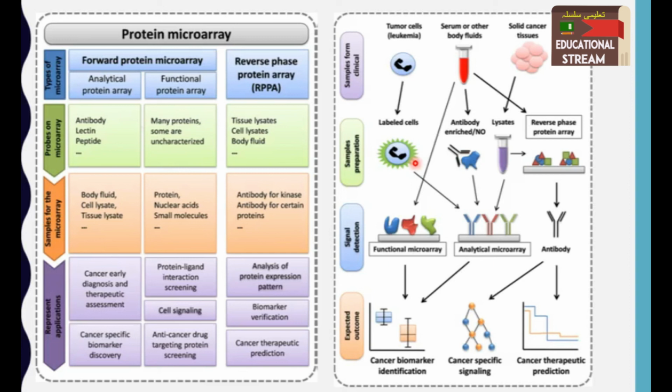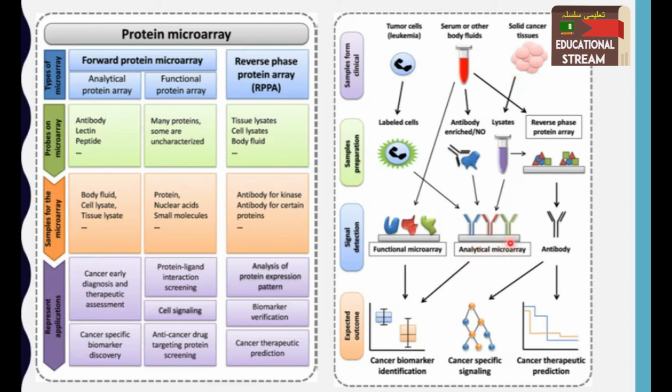So this is the distinctive procedure and representative applications of the protein microarray based upon the discovery of cancer biomarkers using clinical samples. Here the samples that we are using are tumor cells, serum or other body fluid, and solid cancer or tissue cells. So first we will see the analytical microarray.